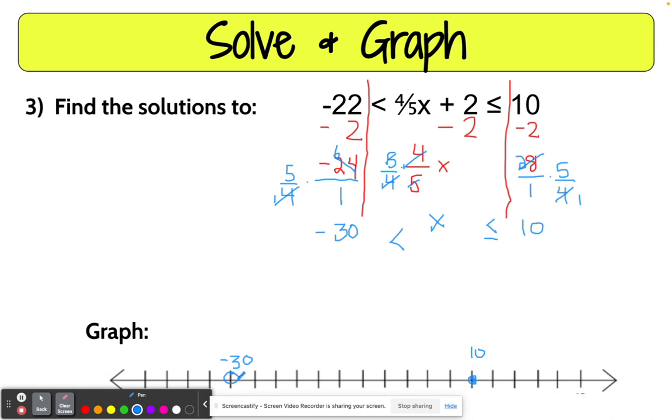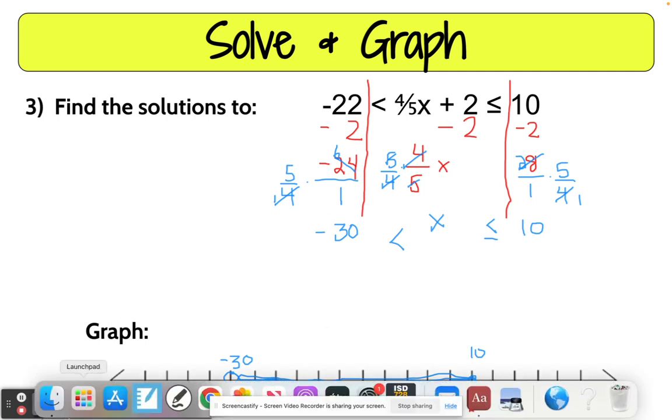And my solution to this inequality is everything in between here, including the 10, but not including the negative 30. Oops, that was a really wiggly line, but all of this is my solution to this inequality.